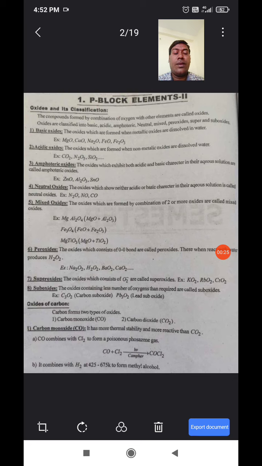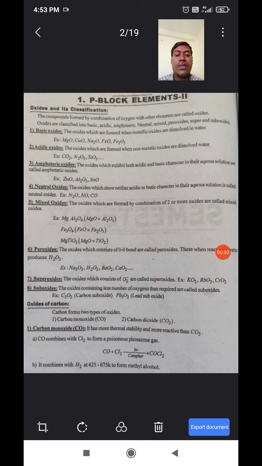Generally, p block element oxides are classified into different types: basic oxides, acidic oxides, amphoteric oxides, neutral oxides, mixed oxides, peroxides, superoxides, and suboxides.